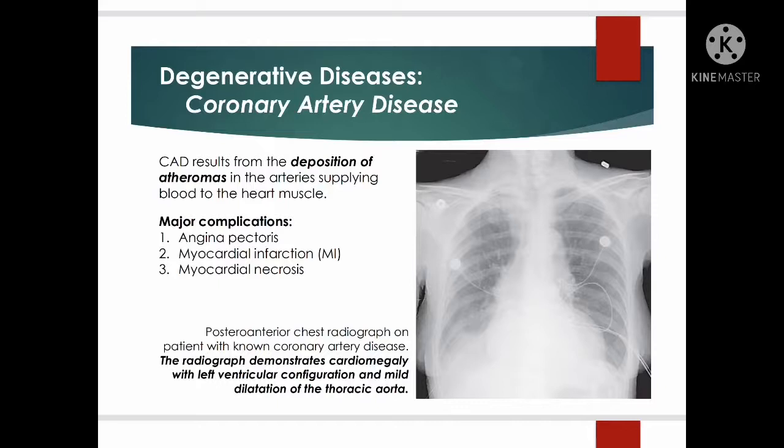Next is coronary artery disease. It results from the deposition of atheromas in the arteries supplying blood to the heart muscle. Major complications include angina pectoris, MI or myocardial infarction, and subsequent myocardial necrosis. The risk factors include tobacco use, diets high in fats and calories and low in phytochemicals and fiber, and poor physical fitness.